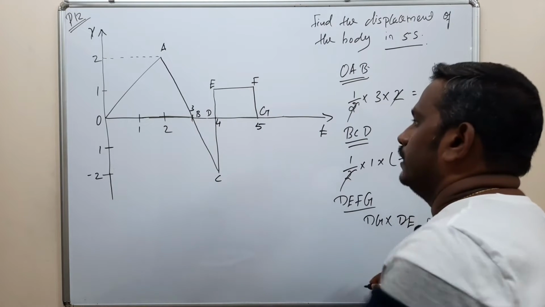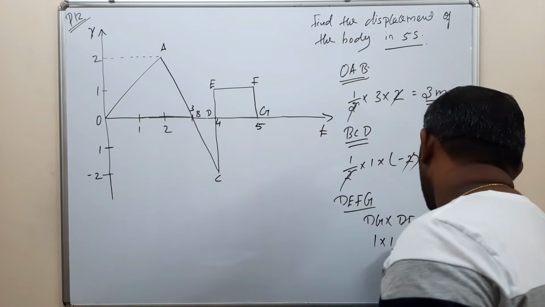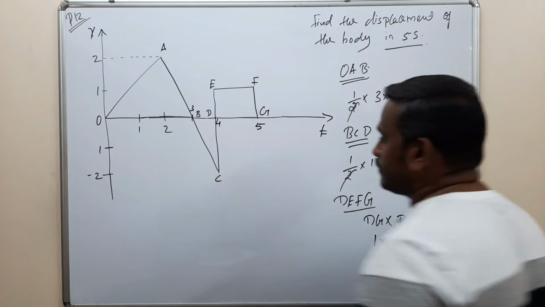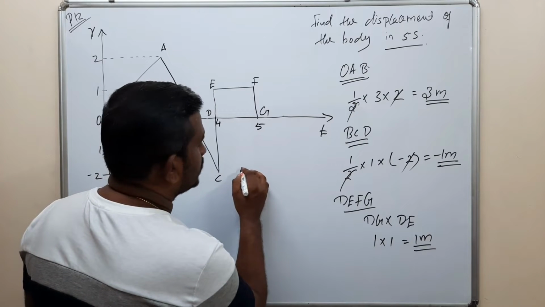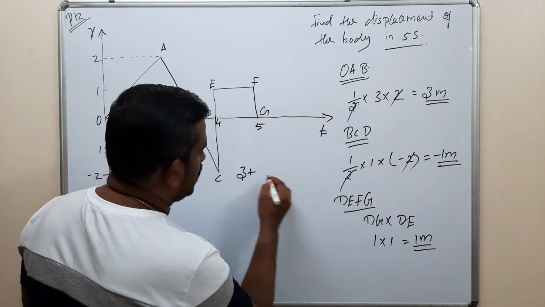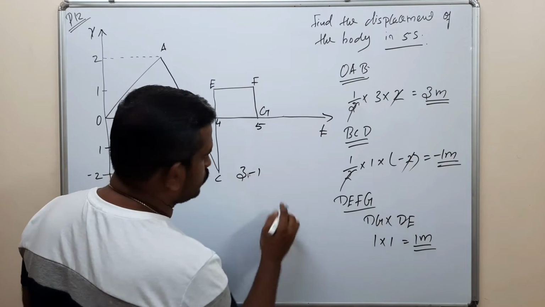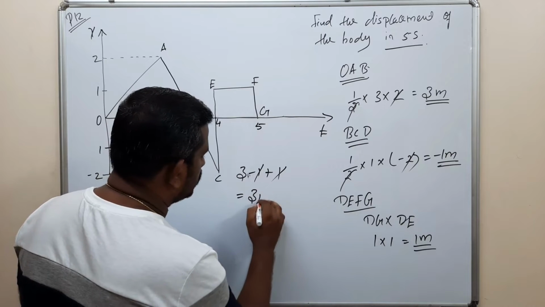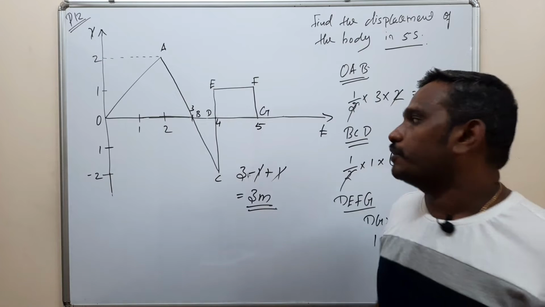DG is 4 into 5, that is 1, and DE is 1, that is equal to 1 meter. So the total displacement traveled by the body is 3 minus 1 plus 1. So -1 and 1 cancel, that is equal to 3 meters. So 3 meter is the displacement traveled by the body.